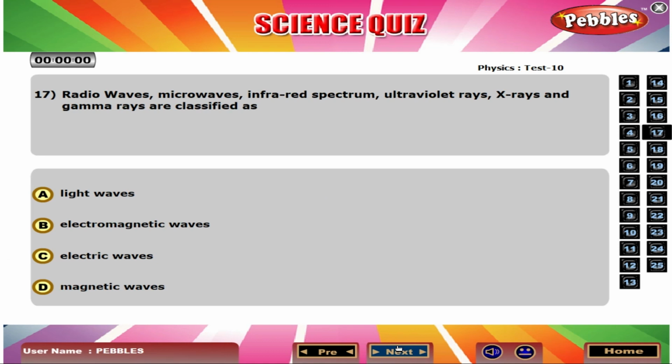Radio waves, microwaves, infrared spectrum, ultraviolet rays, X-rays and gamma rays are classified as B. Electromagnetic waves.